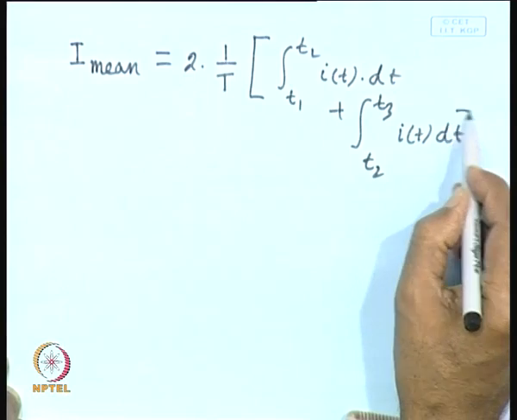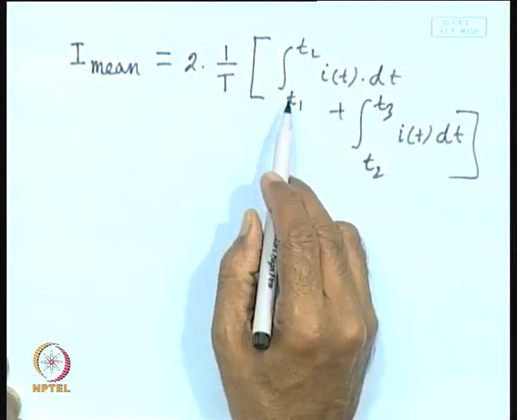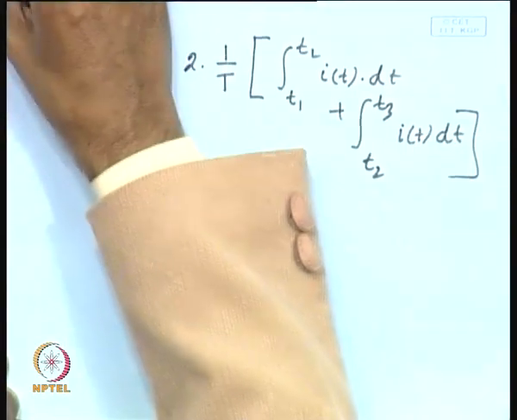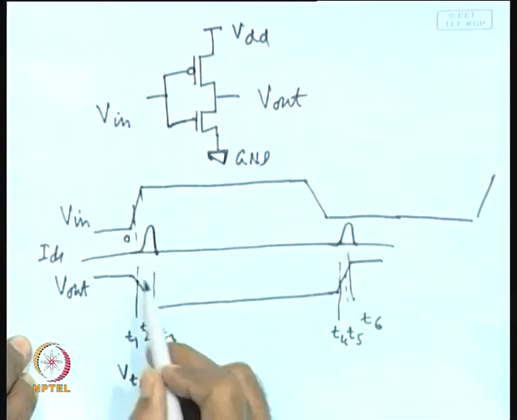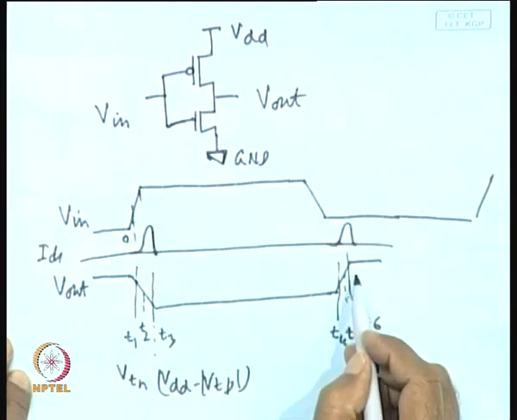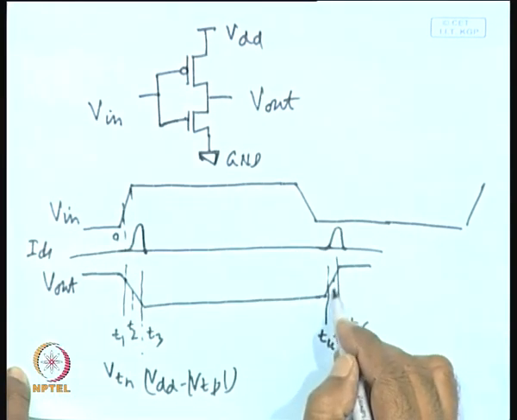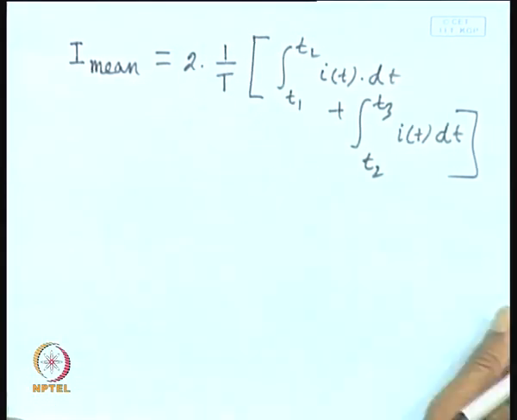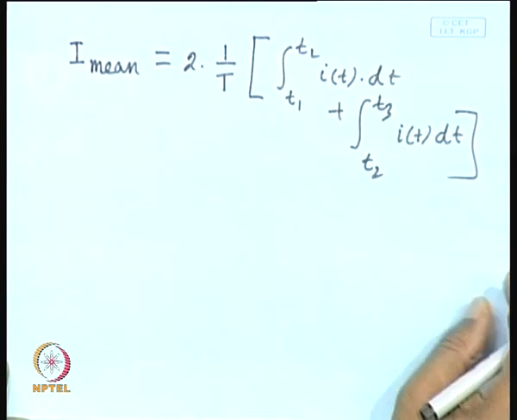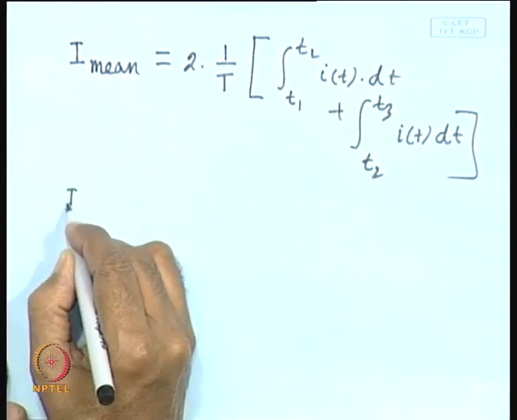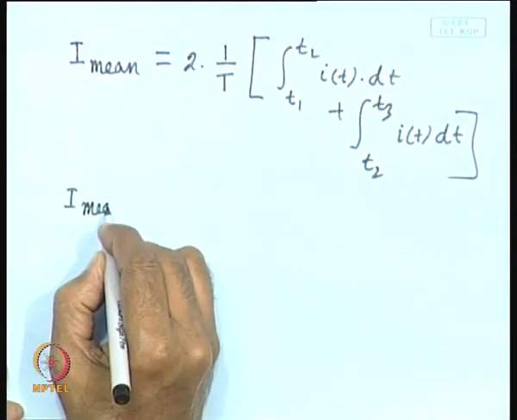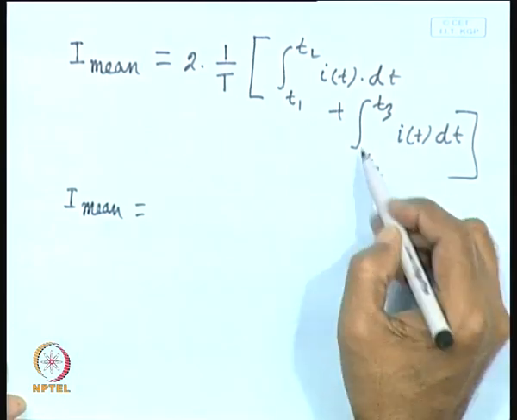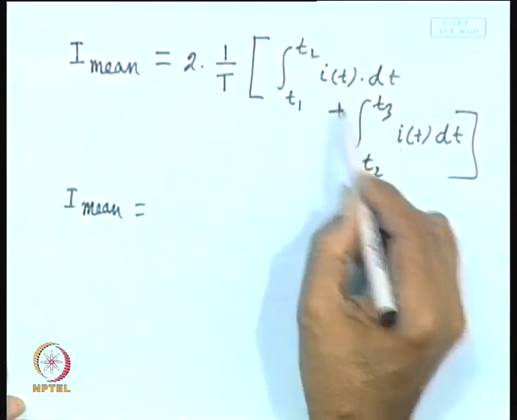So, this is only for the first transition. Since for the second transition it will be same, we have just multiplied by 2 and then taken the average over a period of 1 by T. Again these two can be assumed to be same.